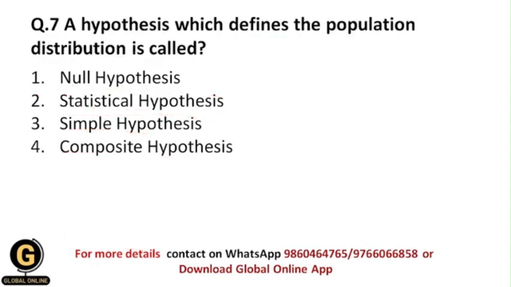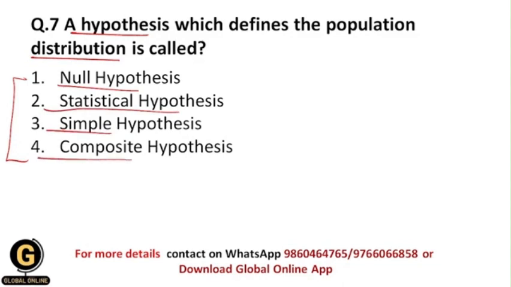Now next: a hypothesis which defines the population distribution is called. From these types of hypothesis, which is the hypothesis which defines the population distribution? Whether it is null hypothesis, statistical hypothesis, simple or composite hypothesis, obviously it is called the simple hypothesis.